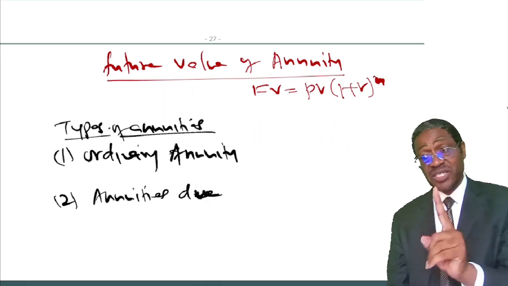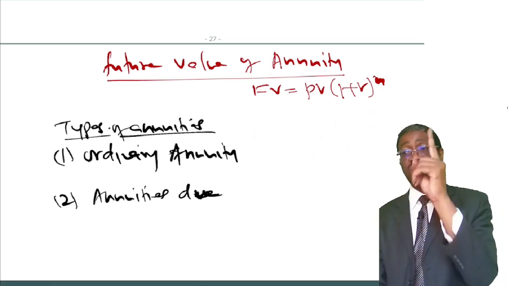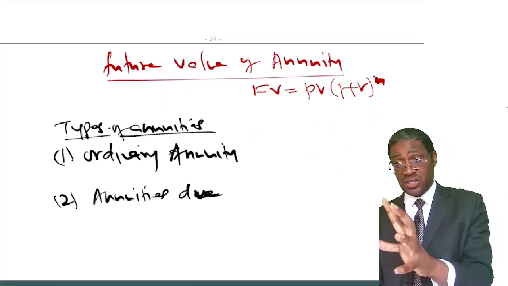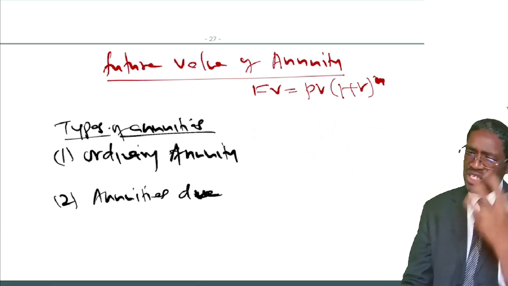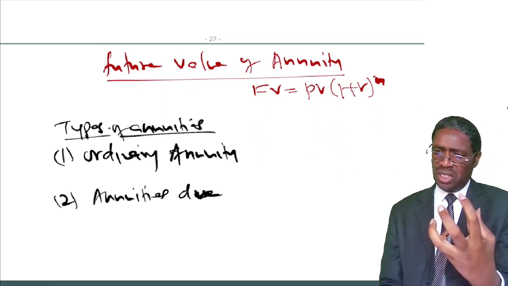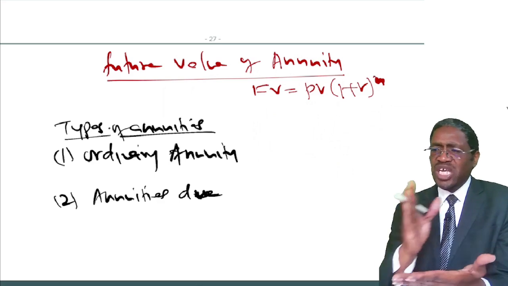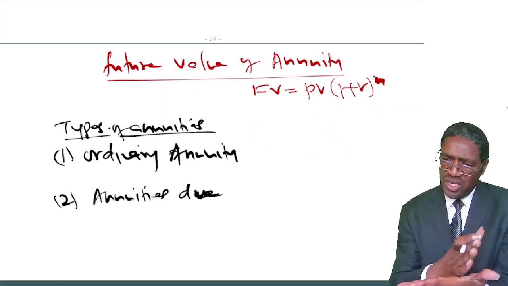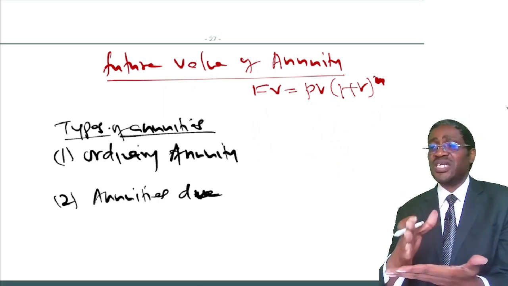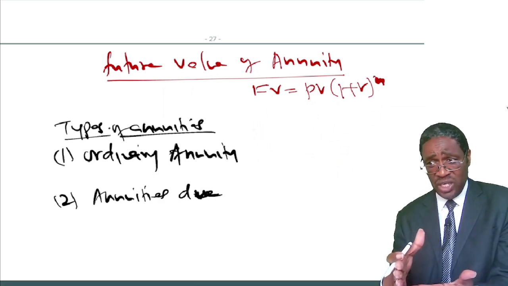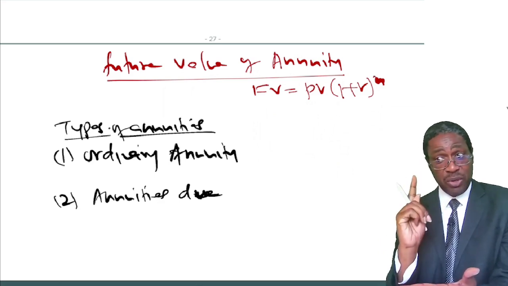Now, you are investing 1 million, 1 million, 1 million for 5 years. Now, this 1 million, it depends. Are you investing it at the beginning of the year, or are you investing it in the fund at the end of each year? That's important.